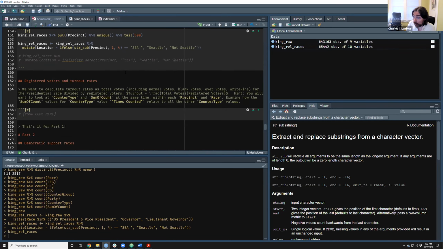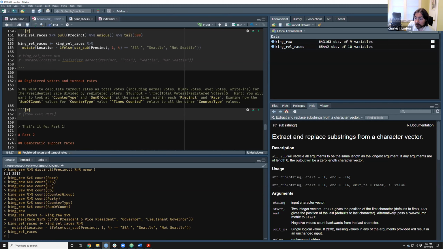We have exactly one more question for this homework. We want to get the registered voters and the turnout rates for this. So we want to calculate turnout rates as the total votes, that is normal votes, blank votes, overvotes, and write-ins for the presidential race, divided by the registered voters. So the turnout is equal to total votes divided by registered voters.